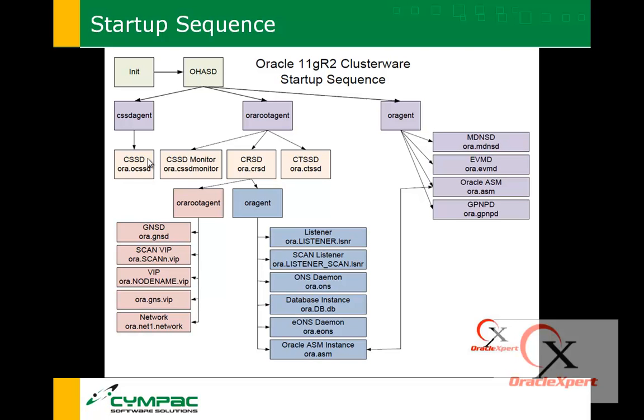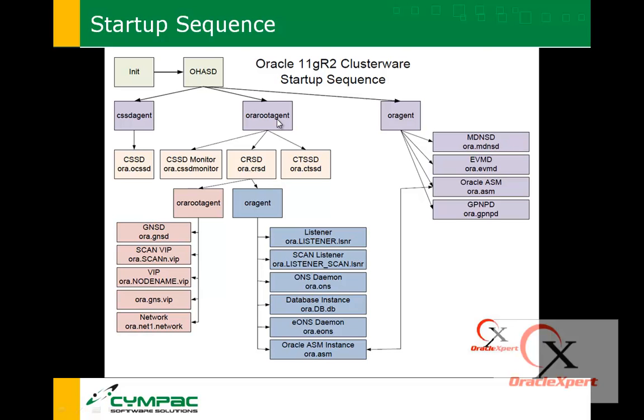Whereas certain other privileged services are started by the orarootagent. I told you earlier the reason that certain daemons would run in your cluster infrastructure as root. All such privileged activities, or the daemons that you would like to start as root, you don't have to do anything. They are automatically started by the background process orarootagent.